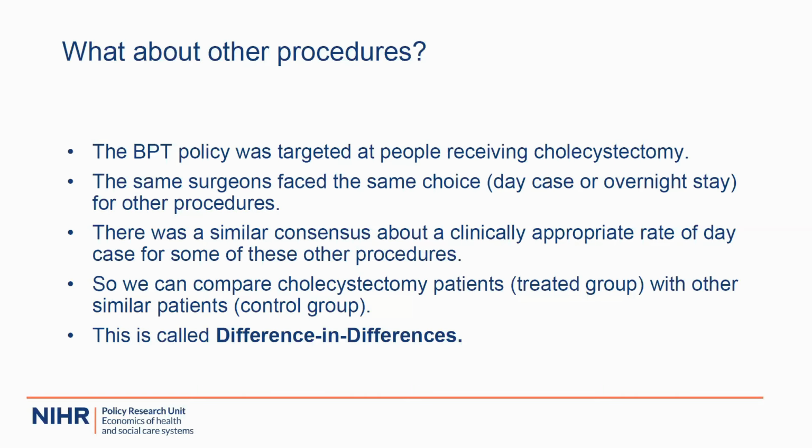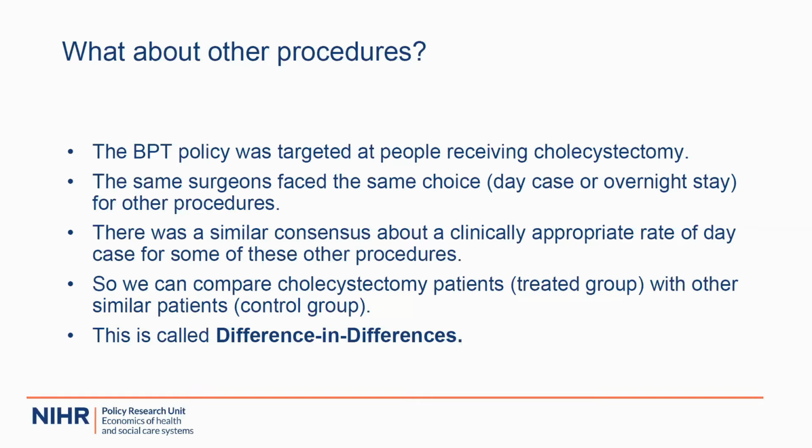That opened up for us a second available method, and one which econometricians at least tend to trust a bit more, and we call that difference in differences. The really big distinction is that by having a group of people who are affected by a policy, which we normally call a treatment group, and also a group of people who are similar, except that they weren't affected by the policy.